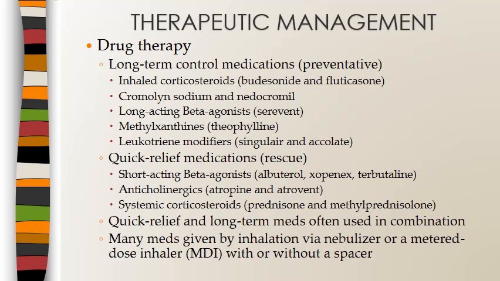Keep in mind that when we administer these medications, we have to remember to encourage the children to rinse out their mouth with warm water after they take the medicine, so that we decrease the possibility of them developing a yeast infection within their mouth.